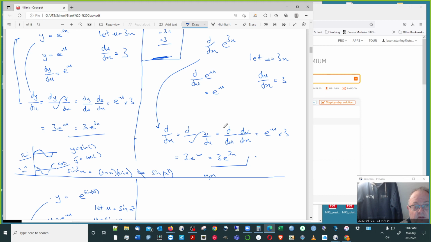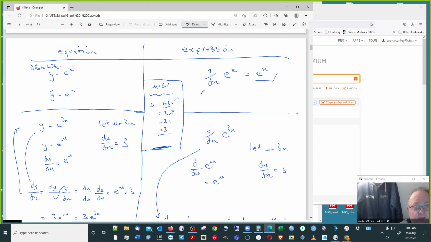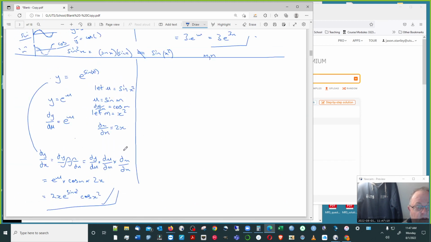Now, how do we do this one as an expression? Goodness gracious. So d dx of e to the sine x squared. Wow. So we do the same thing. We let u equal sine x squared. We recognise that as a chain rule, and so we let m equal x squared.